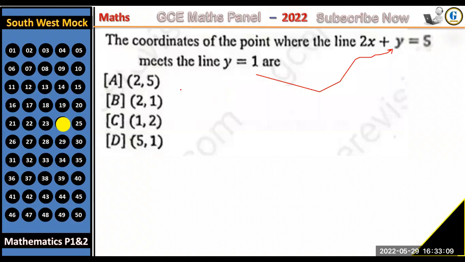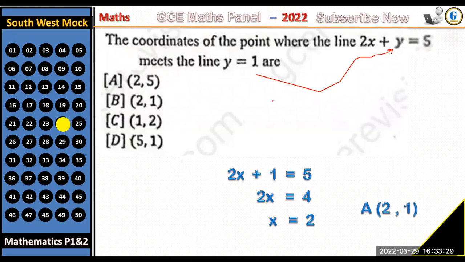Then we form those set of points. So this will be 2x plus y, our y is 1, is equal to 5. This gives us 2x will be equal to 4, and x will be equal to 2. So the point where these two meet is when x equals 2 and y equals 1. So the point is 2, 1. So we have B.